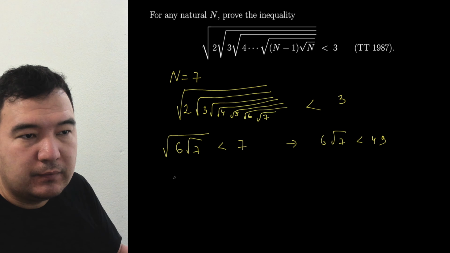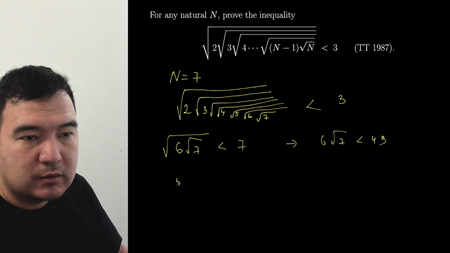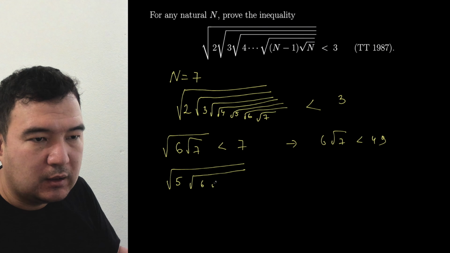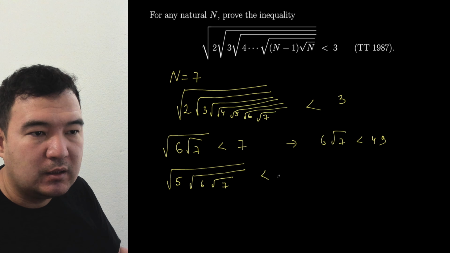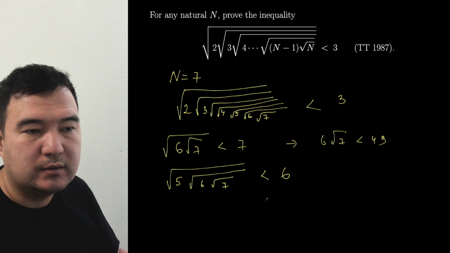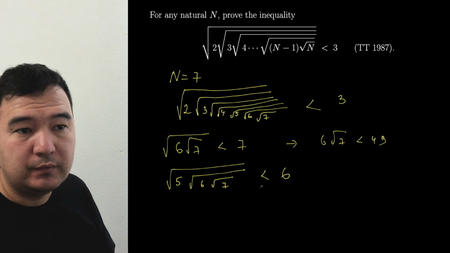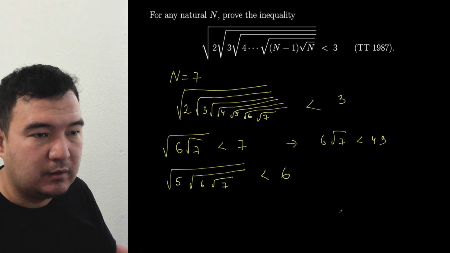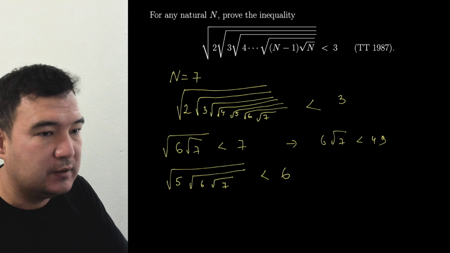So how about if I say square root of 5, square root of 6, and square root of 7. If I claim that this number is less than 6, can I prove this? It's easy to prove, so let me erase the 6.